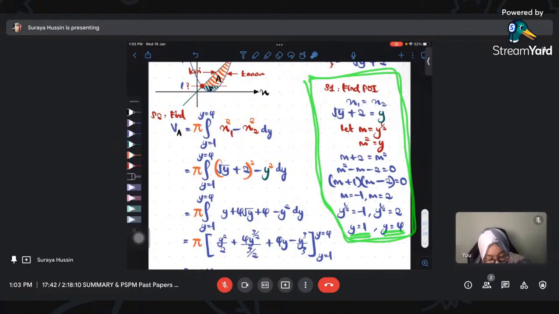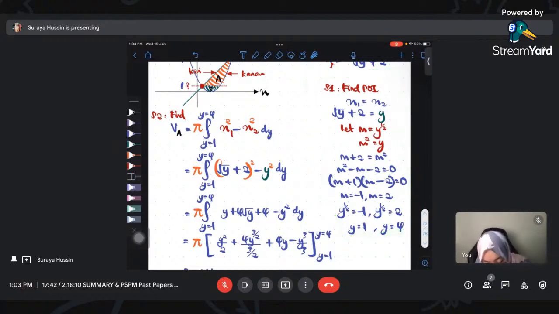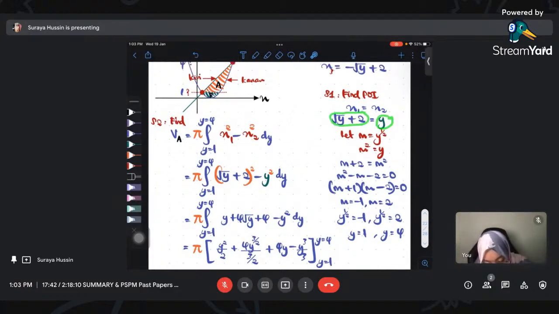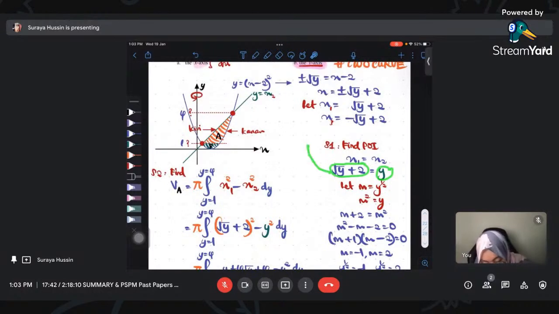Kalau kamu tengok dekat sini, Miss, kenapa Miss guna ni? Yang ini saya faham lah. Tapi kenapa yang ini? Yang ini datangnya dari sini. Miss, mana datang ni? Yang ini datangnya dari sini.